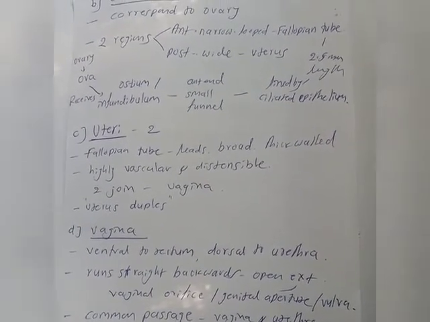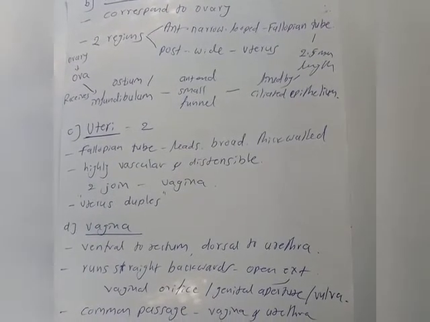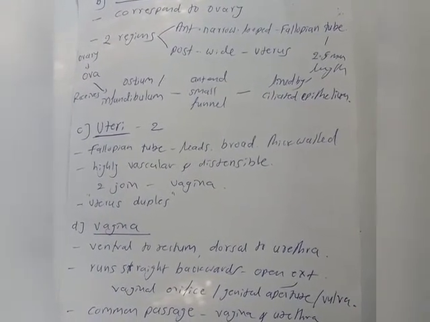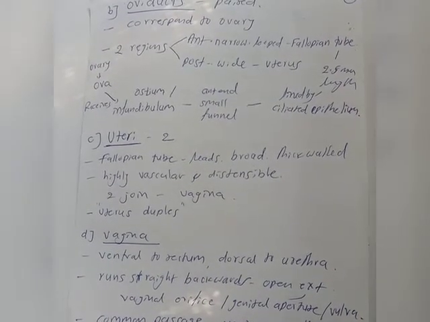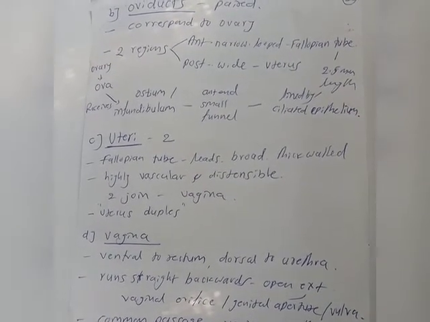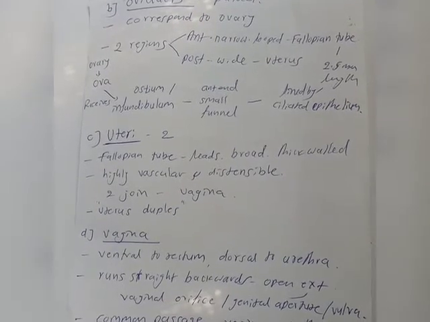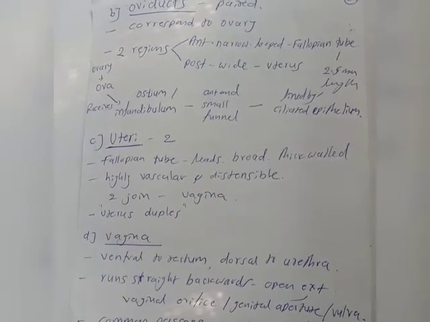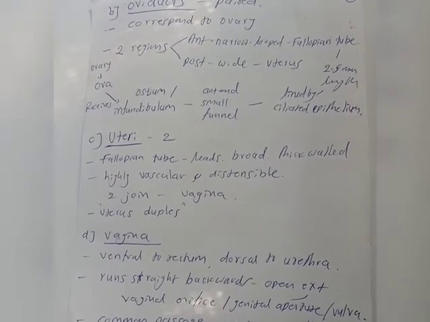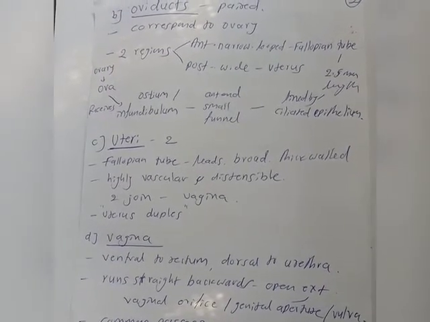Anterior is the narrow and looped region which is called the fallopian tube, and second one is the posterior, which is wider and is called the uterus. म्हणजे पुढच्या बाजूला आहे त्याला फॅलोपियन ट्यूब म्हणायचं आणि खाली जी मोठा आहे त्याला म्हणायचं युटेरस.